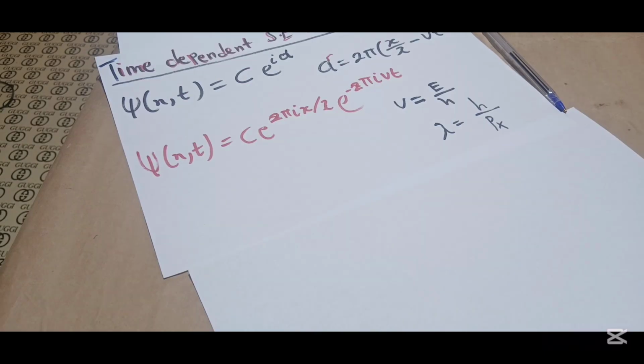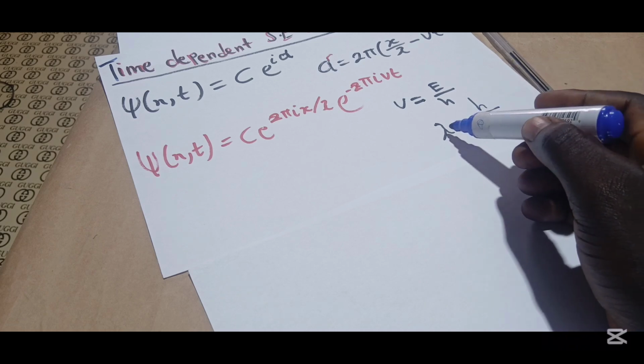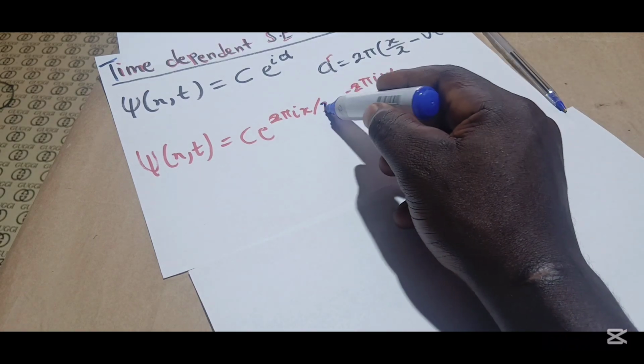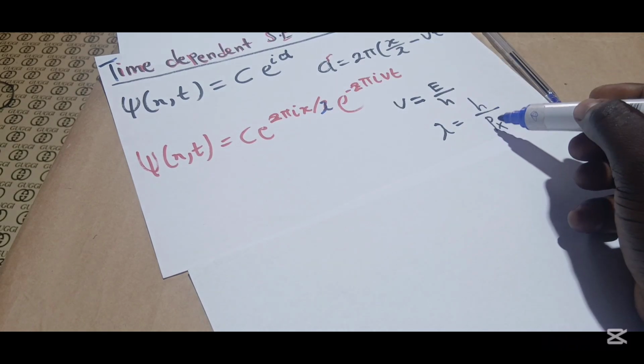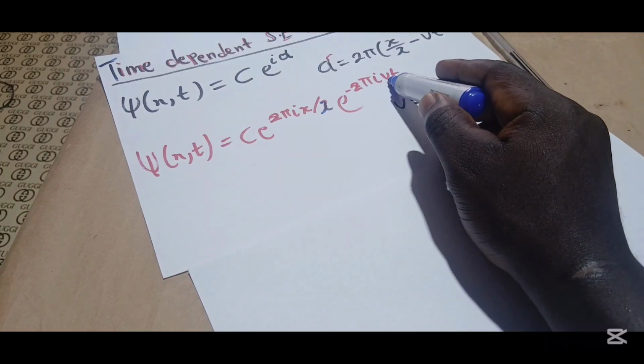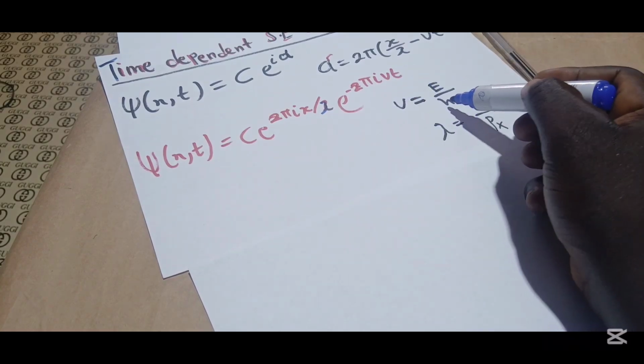So now we substitute the value of the wavelength by h over px and nu by E over h.